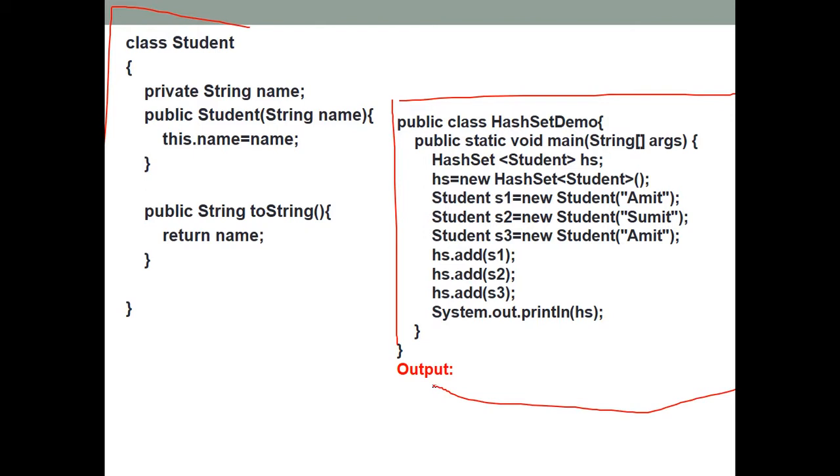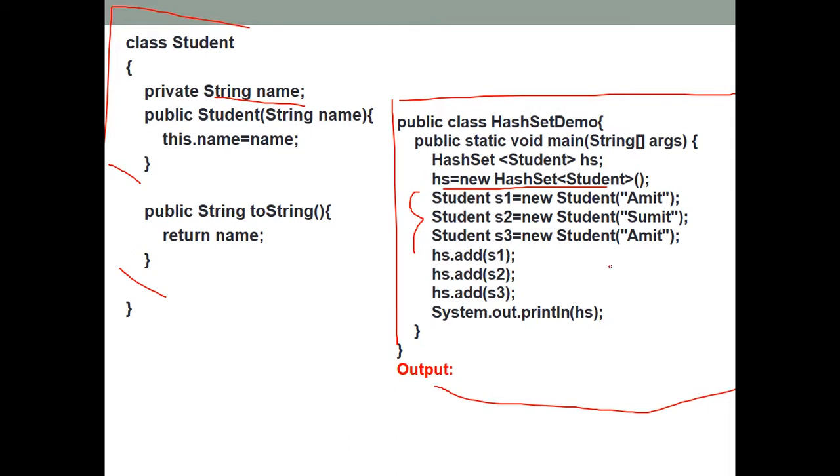So private String name, and you have one property. You are creating one constructor also, and then one toString for display purposes. Then you create one HashSet object in which you can store Students. You have three Student objects. Now you are going to add them.